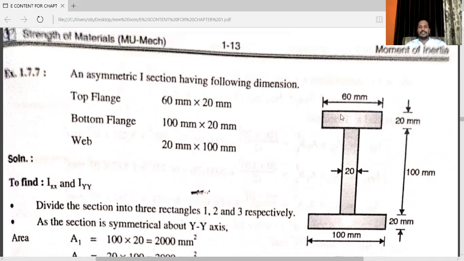The top flange is given, that is 60 into 20 mm. Bottom flange is given 100 mm into 20 mm. Web is given. This is your web.